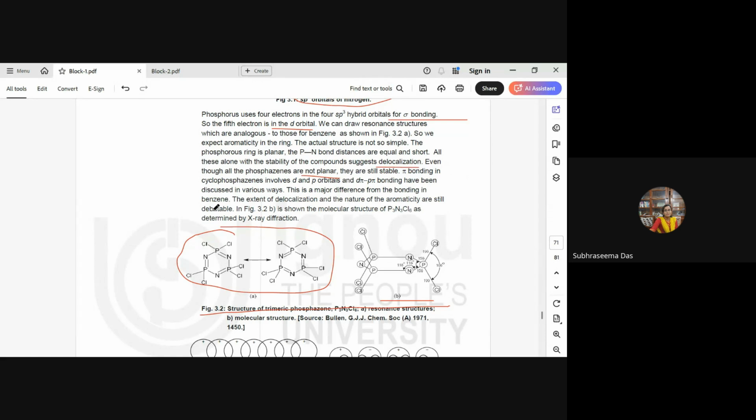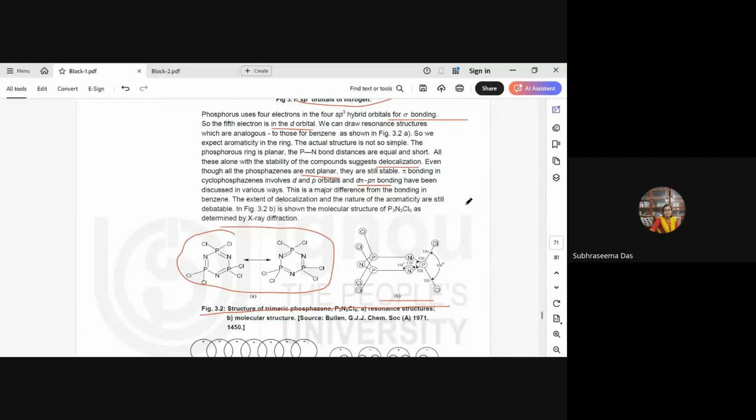The pi bonding in cyclophosphazenes involves both d and p orbitals. Since both d and p orbitals are present here, they give rise to dπ-pπ bonding. This is a major difference from the bonding in benzene. In benzene, we do not come across this dπ-pπ bonding, but in phosphazenes we do.